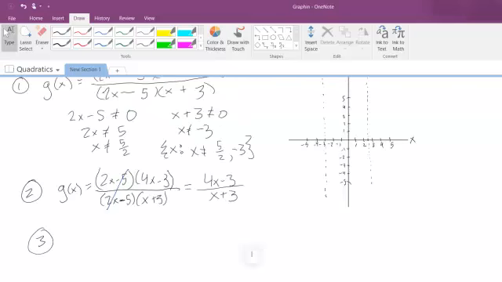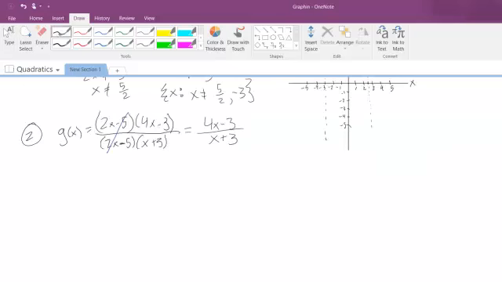Step 3 is to plot the intercepts. So now that we've reduced to lowest terms, we see y equals 4 as the horizontal asymptote. You've got it reduced. It's the leading coefficients of each polynomial.